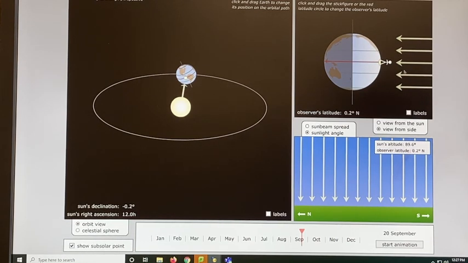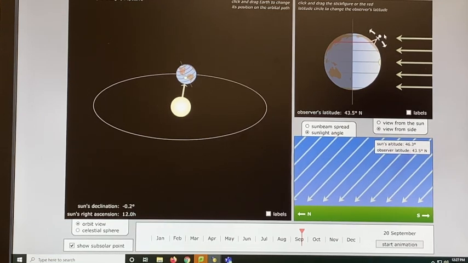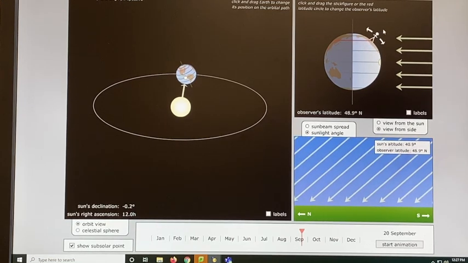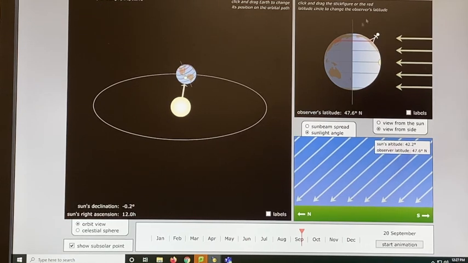All right, then we go up to Milankovitch. Close enough. Good enough. All right. Sun's altitude is 42.2 degrees.